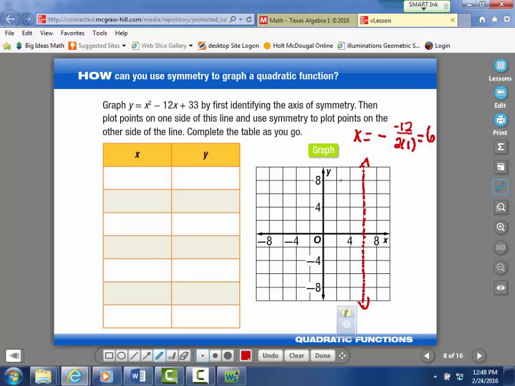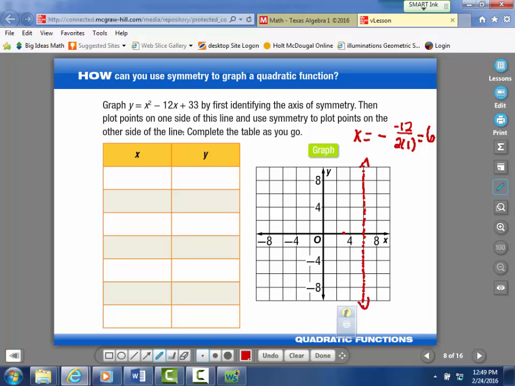All right, so now that I know that, if I knew some points, I could graph those, and then I'd be able to figure out where the other points go. Okay, so let's see. What about 3? Right here is 3.